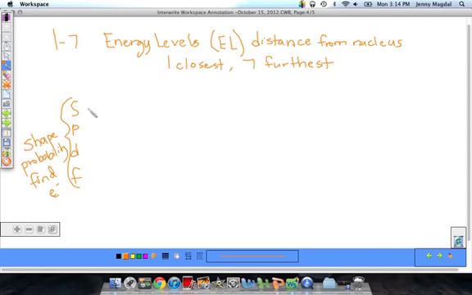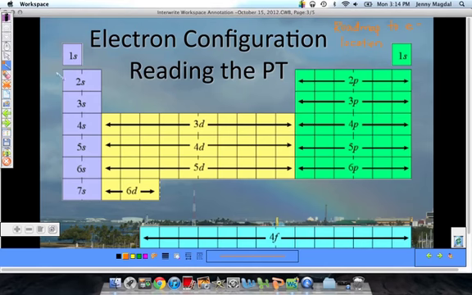The S shape is spherical. These are all in 3 dimensions, so they're hard to view on here. The S is spherical, and it can hold 2 electrons. And if we look back at that image, we saw that each of these have 2 boxes.